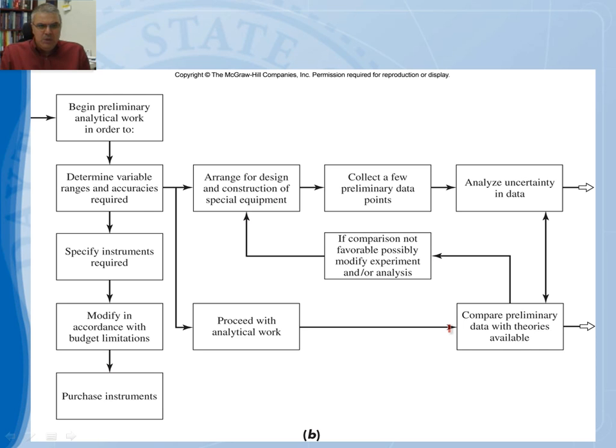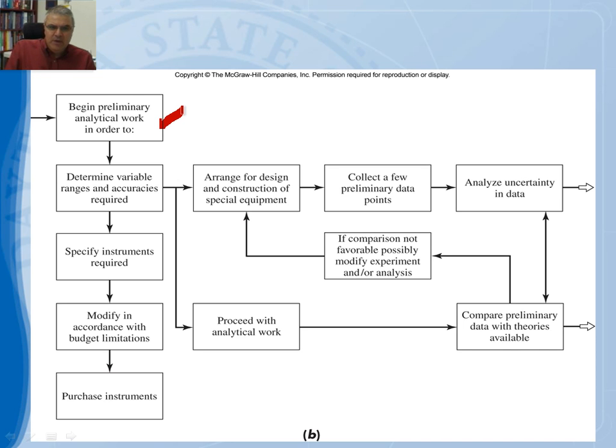So let's say we have established the need solidly, and we can begin preliminary analytical work. In order to do what? Well, the preliminary analytical work is going to help us with a very important aspect of the experiment. What variables are we looking for?